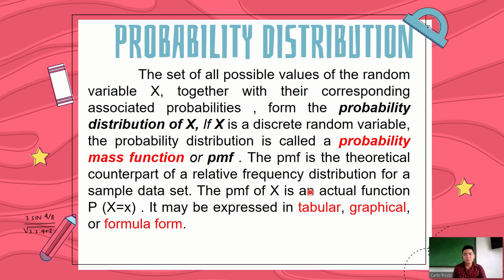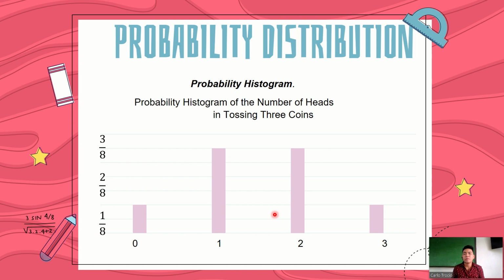Okay, and then probability distribution can be denoted with this function. P of x, this is random variable X, is equal to the normal x. So it can be expressed in a tabular, graphical, or in a formula form. This is an example of a graphical. You're going to graph it. How many zeros? There is 1 zero. How many ones?